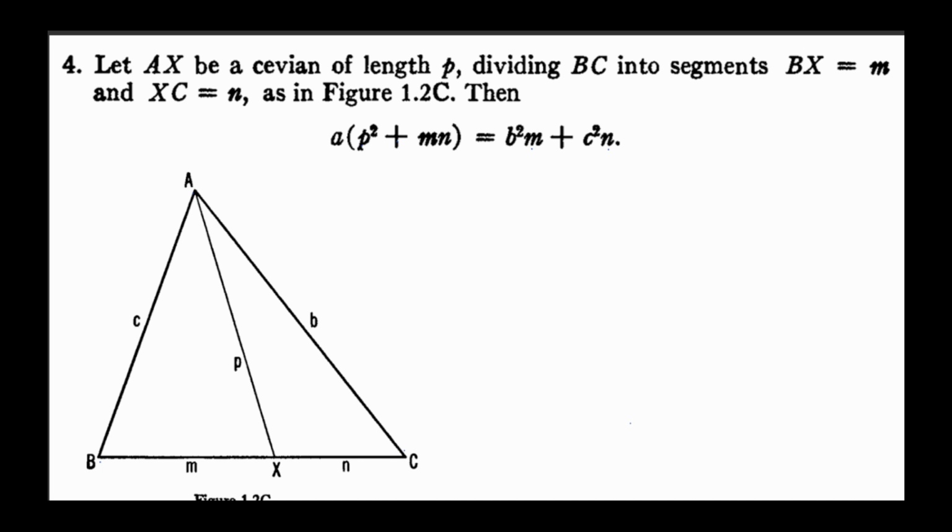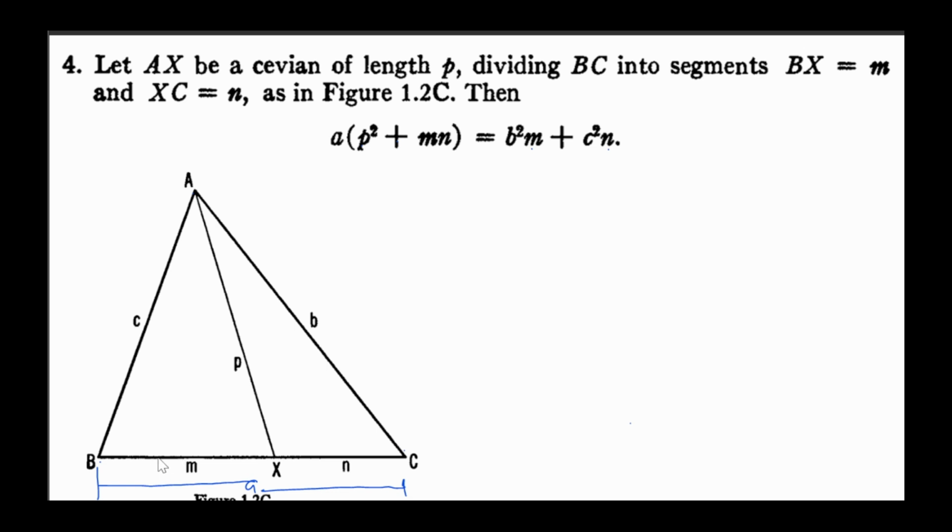Let AX be a cevian of length p, dividing BC into segments BX equal to m and CX equal to n, as shown in figure 1.2c. Then a into bracket p square plus mn is equal to b square m plus c square n. In this case, we are given the values of a, b, and c. a is the length of BC, and it is divided into parts m and n, that is BX plus XC is equal to a, where BX is m and CX is n.